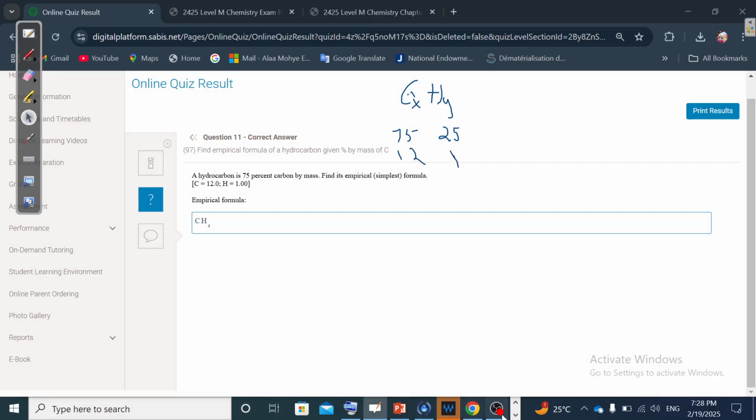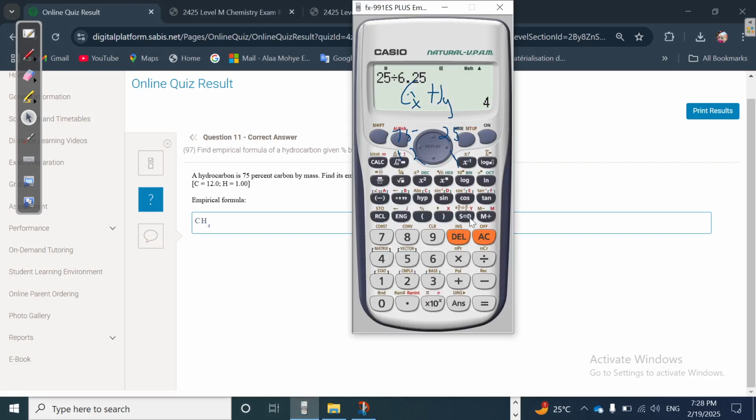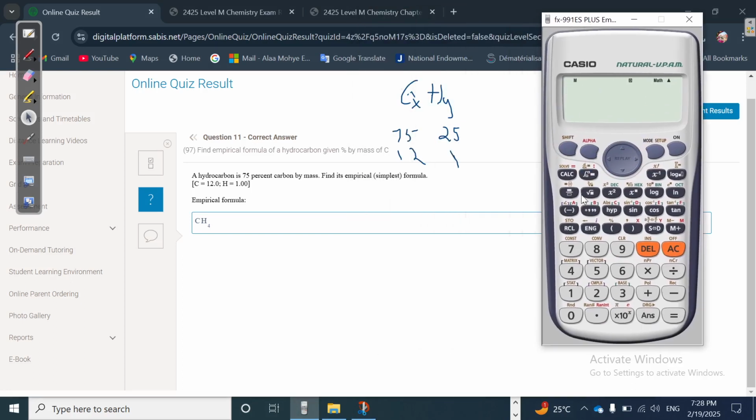So if I go to my calculator real quick, 75 divided by 12, you get 6.25. And 25 divided by 1 is 25. Which one of them is lower? 6.25.